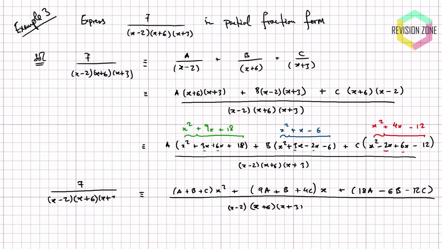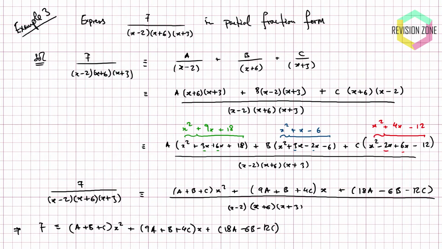Given that we know the left-hand side is 7 over (x minus 2)(x plus 6)(x plus 3), we can multiply through by the denominator and end up with 7 is identical to (a plus b plus c) x squared plus (9a plus b plus 4c) x plus (18a minus 6b minus 12c).